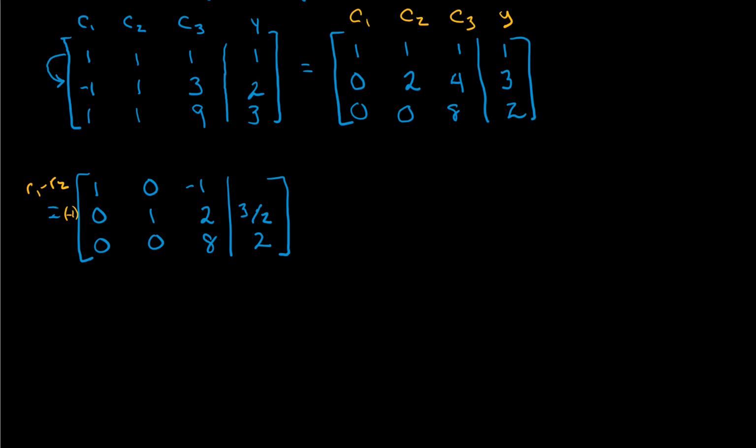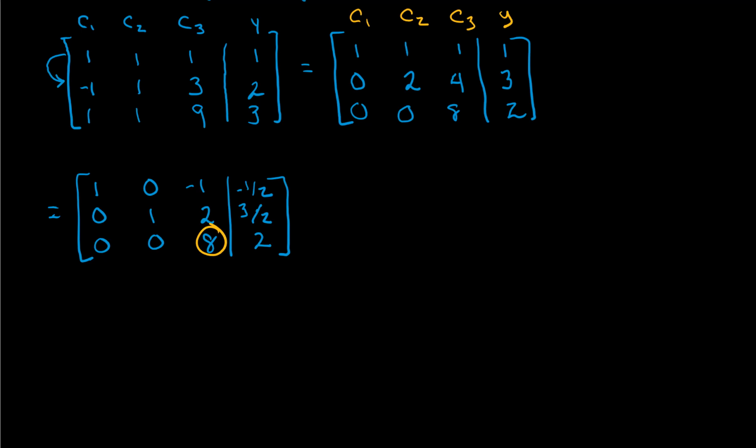Then on the right-hand side, I have my -1 times 3/2. And I'm going to add that to this. So I'm going to have a -3/2 plus 1 is a -1/2. Okay, so we're getting there. What we now need to do is to, in the third row, third column, get that to be a 1.